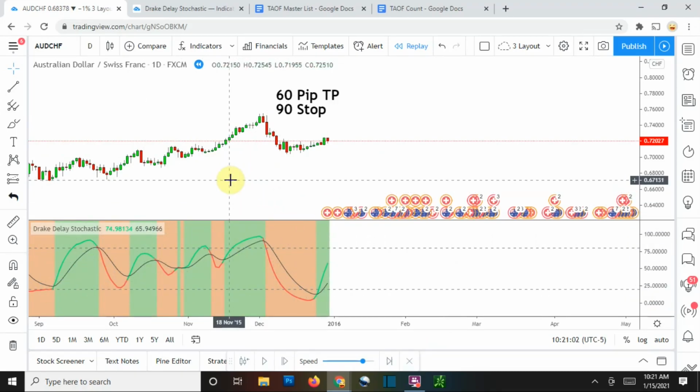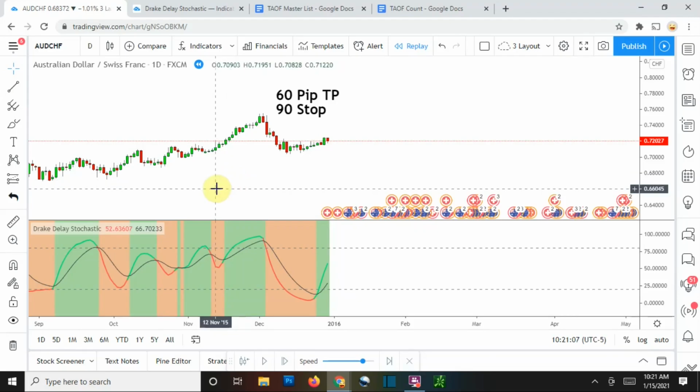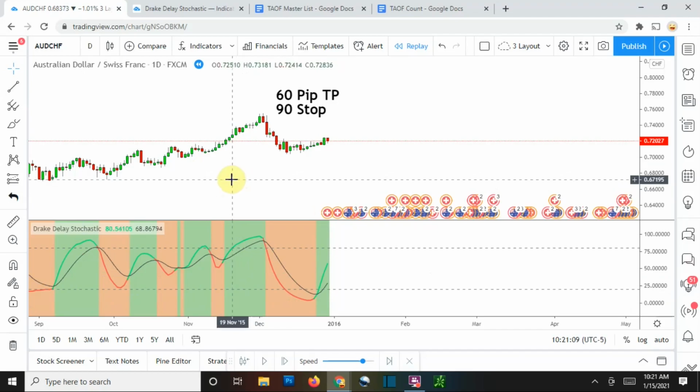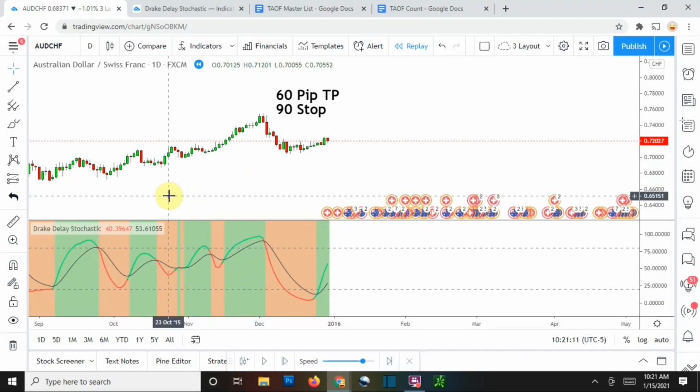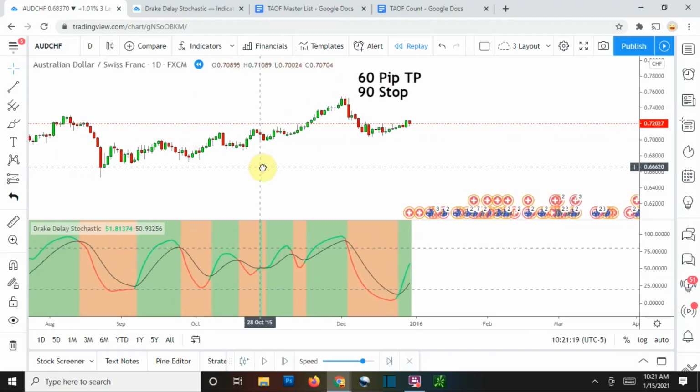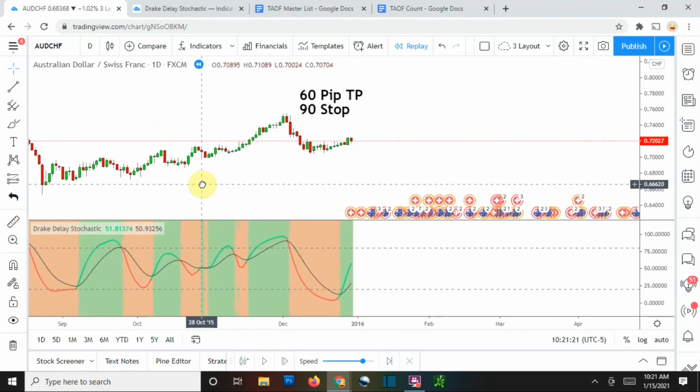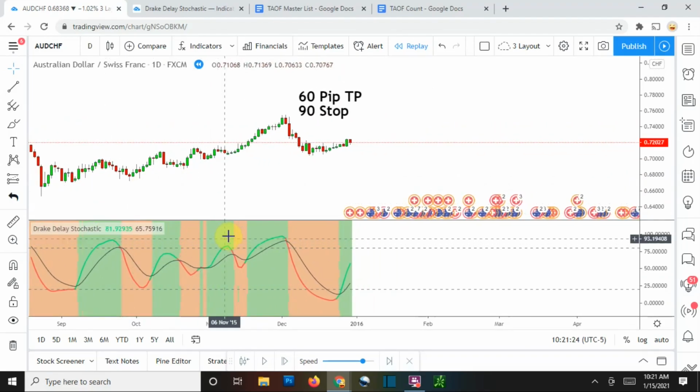How we are going to trade this indicator is pretty simple. There are two ways that we could trade it. We might try both ways. Depends. I'll have to play around with it a little bit more to be sure. But first and foremost is just like a standard stochastic.